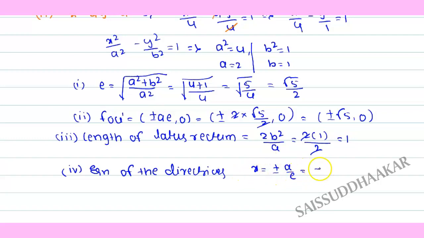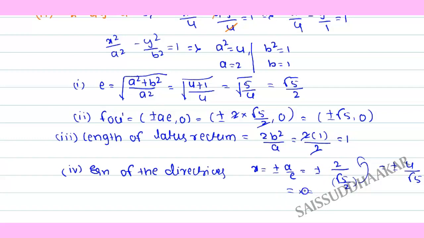So this is equal to plus or minus a value 2 by e value root 5 by 2. This 2 will go to the numerator. So this is equal to plus or minus 4 by root 5. Right? This is the answer for the equation of the directrices.